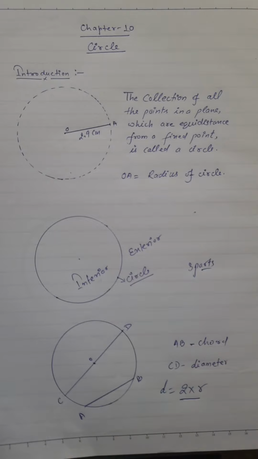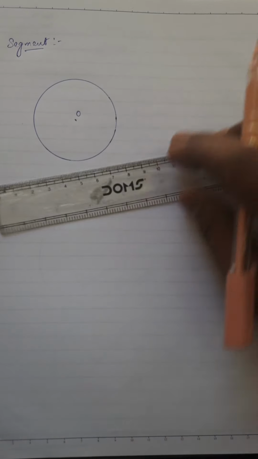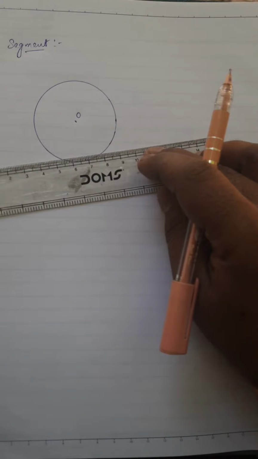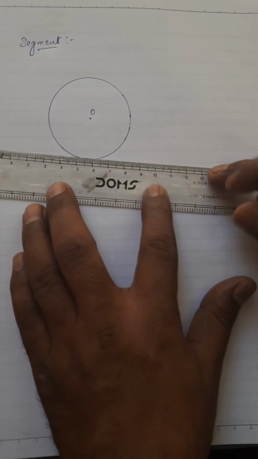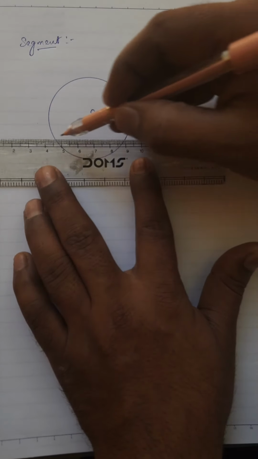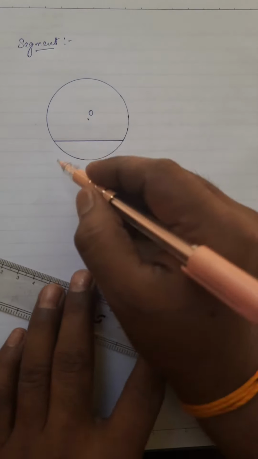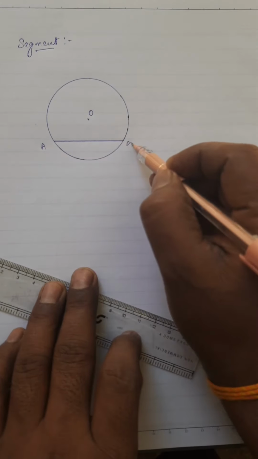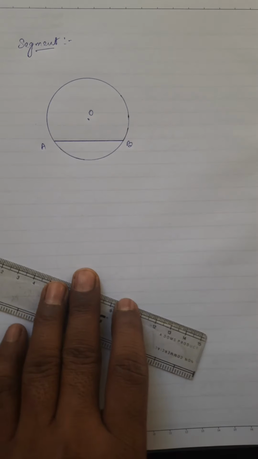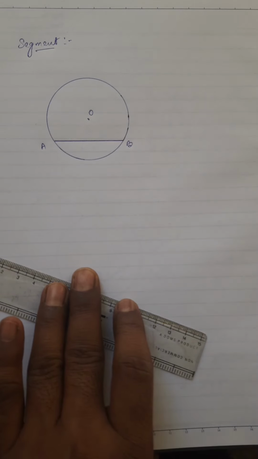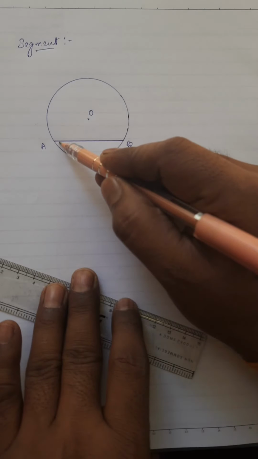Now the next part is the segment of a circle. So what is a segment of a circle? O is the center of the circle, and now if I join a chord, I just take a chord AB here. The region between the chord and the arc is called a segment. Region means the area.